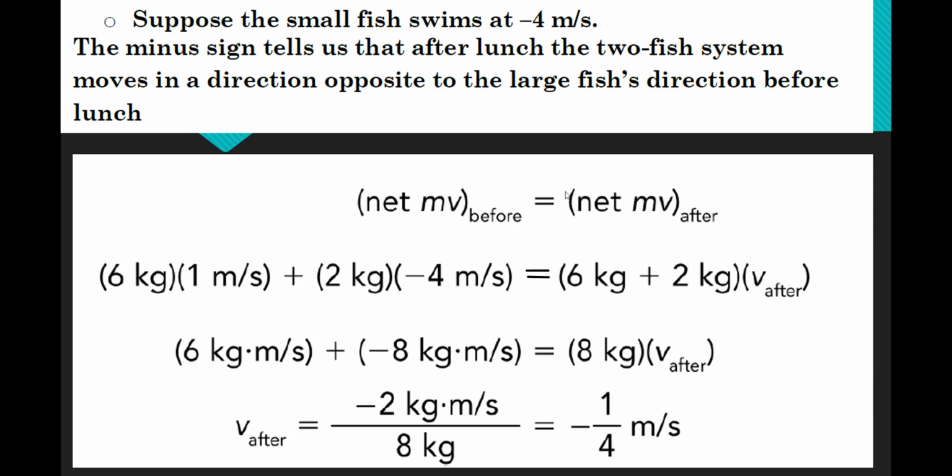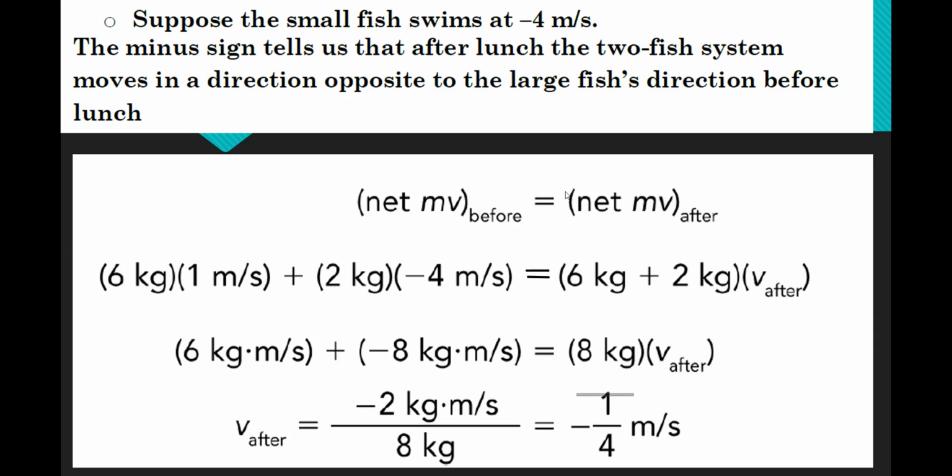Here in this question, they told you that it swims at -4. With the previous one, they told you it's toward the small fish with 2. So you have to know that toward means negative. Sometimes you don't tell us it is the negative direction. We should know it. Yeah.